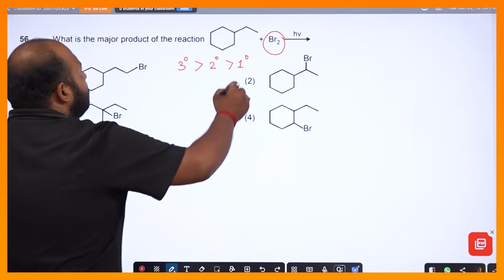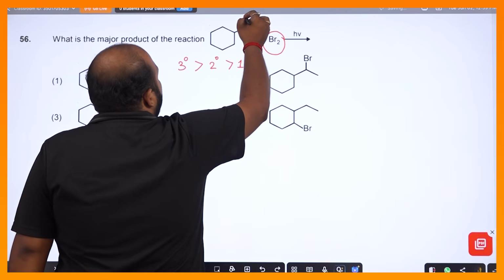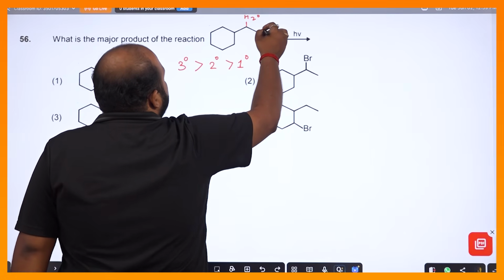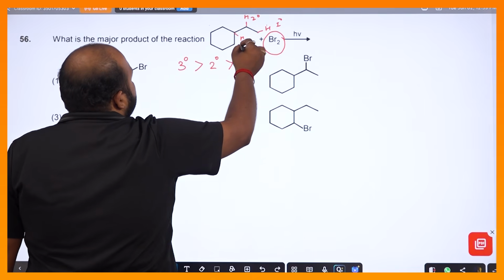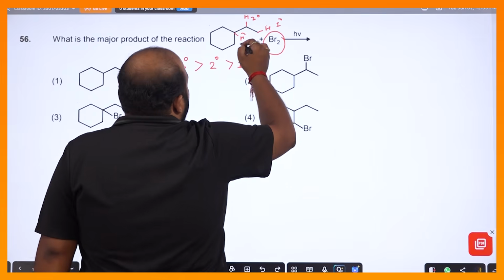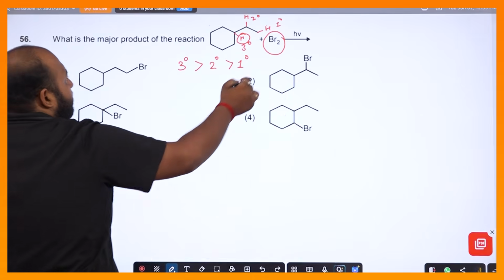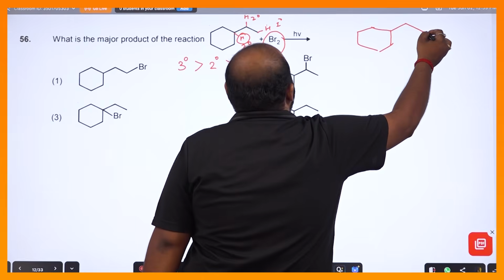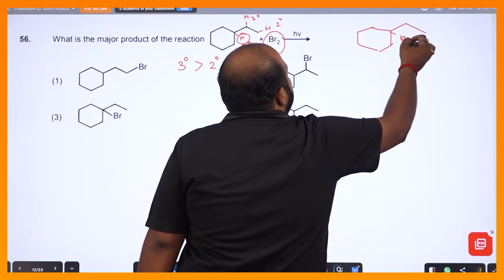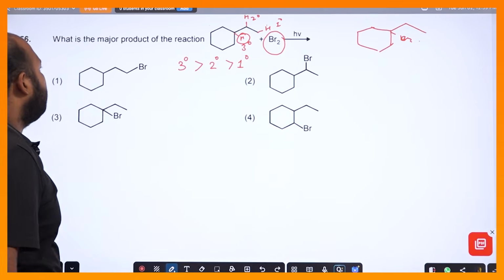In this portion it is 2 degree, this hydrogen is 1 degree, and only this part is 3 degree. So this hydrogen will get substituted and we will be getting the product as this.